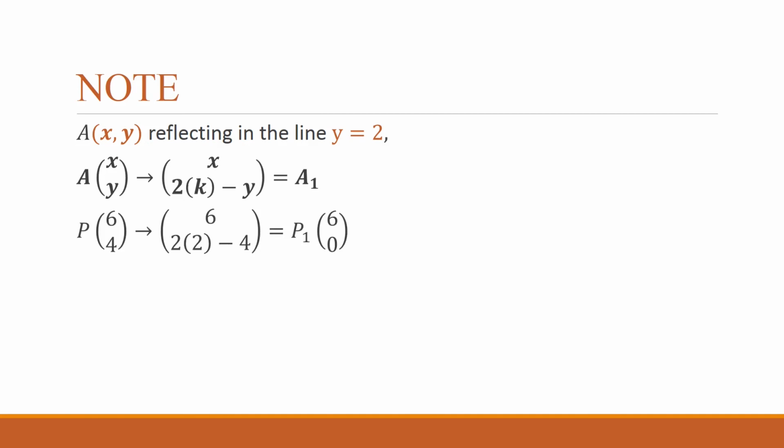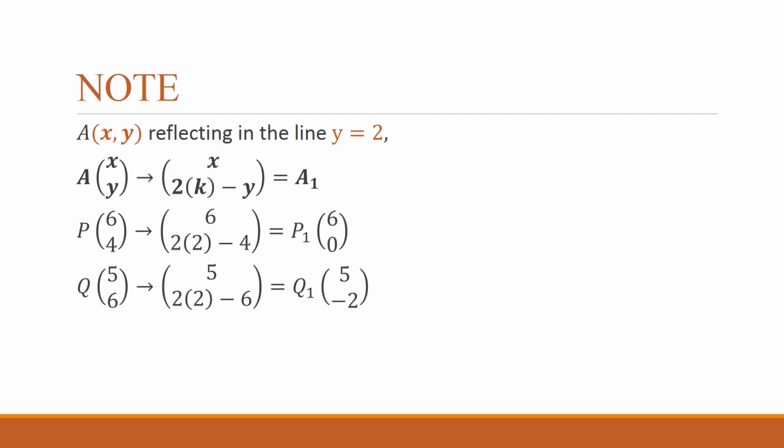So for instance, the first point we plotted, which was P (6, 4), to solve this without using the mirror line, remember the x-coordinate will still remain the same. That is why 6 is repeating. So on the y-coordinate, we multiply the constant 2 by the number 2 and subtract the y-coordinate 4, and that will produce (6, 0) as the image point.